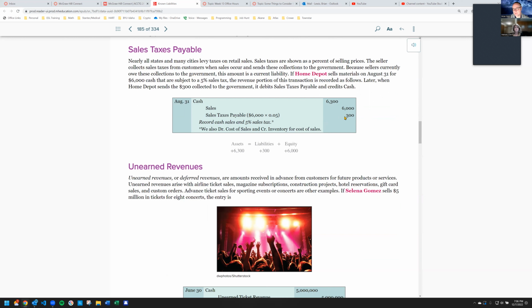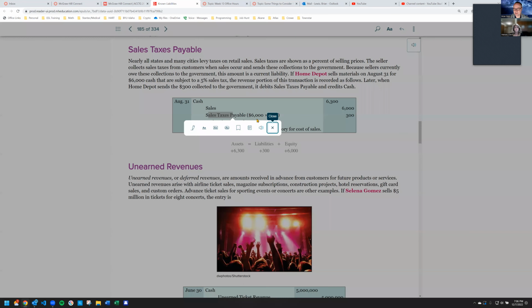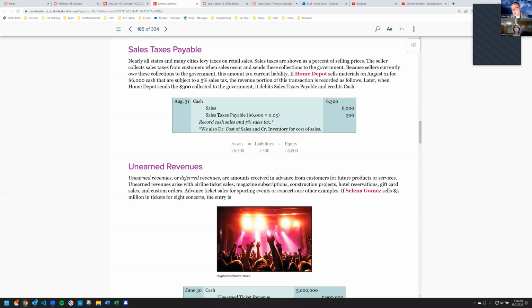You will have collected $6,300, and 300 of it gets set up in the sales tax payable. Sometimes they break these out, sales tax payable for one locality and another, but in this case, they're just generalizing it. And so it's a $300 credit. When you actually go to pay it, then it's a debit to sales tax payable and a credit to cash, just the opposite.